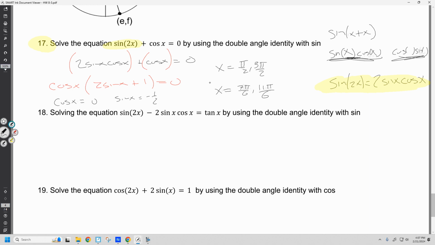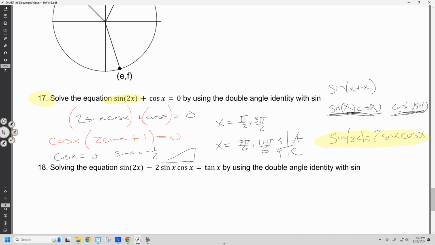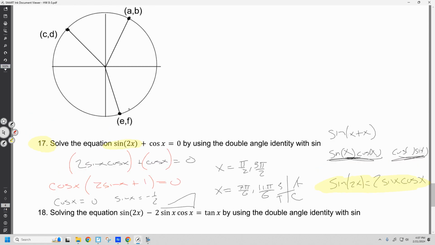And if you can't figure this out, you use your triangles, and you use ASTC, or you use your dot, whatever dot method you want to use, don't care. Okay, so you will be told to use a specific identity.